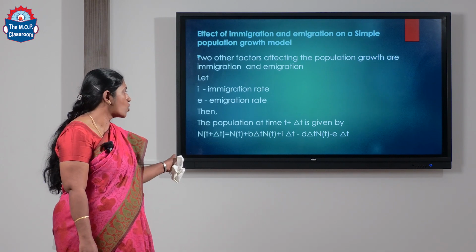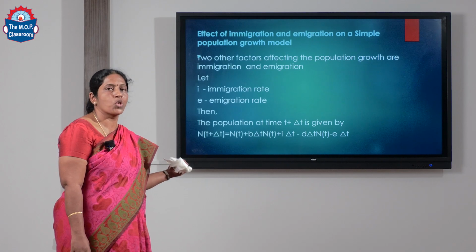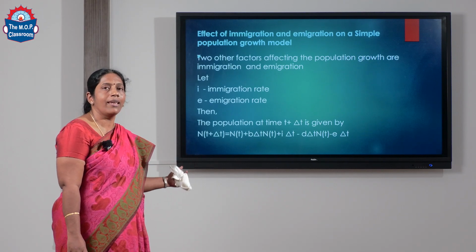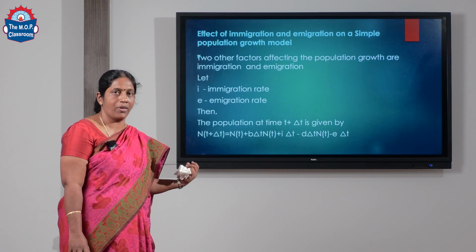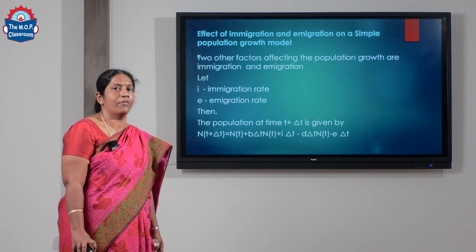So this is the equation which governs the population growth model with immigration and emigration. This equation can also be arranged as a differential equation and solved to arrive at the expression for N(t).